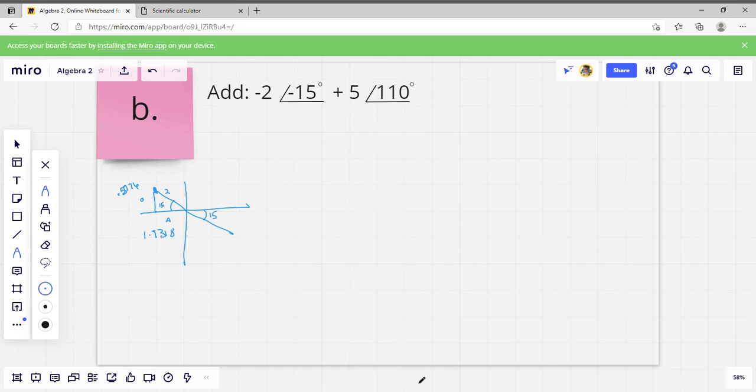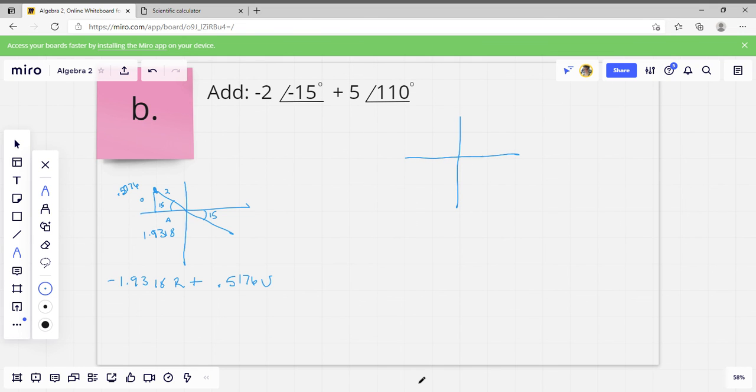Okay, so we went negative 0.5176, and then we went up, no, that's not right, other way around. We went negative 1.9318, or positive 0.5176 up.